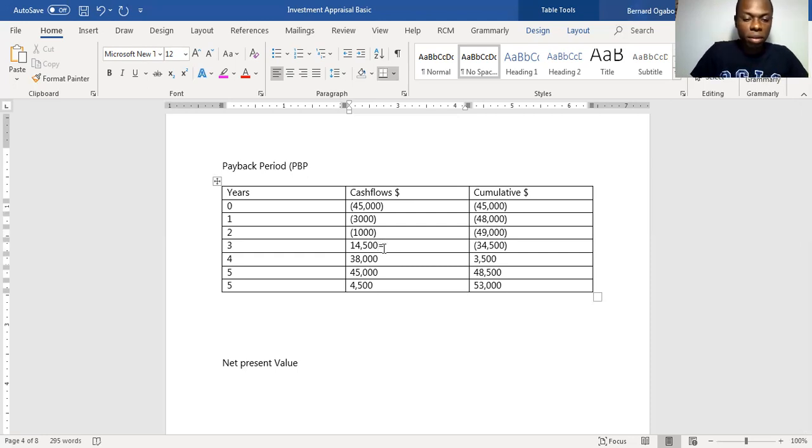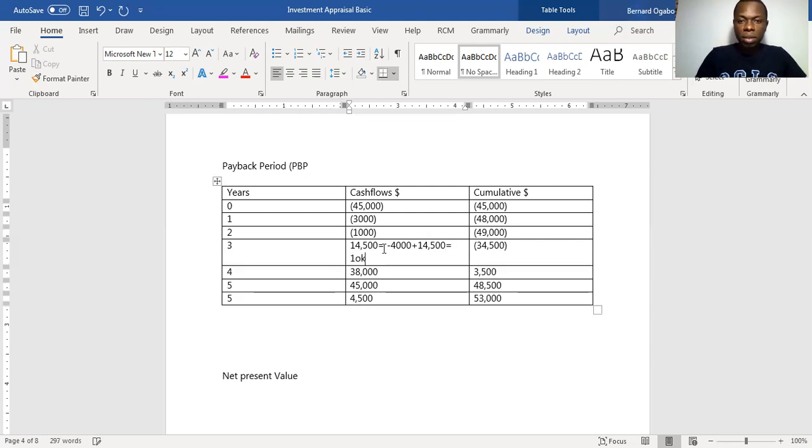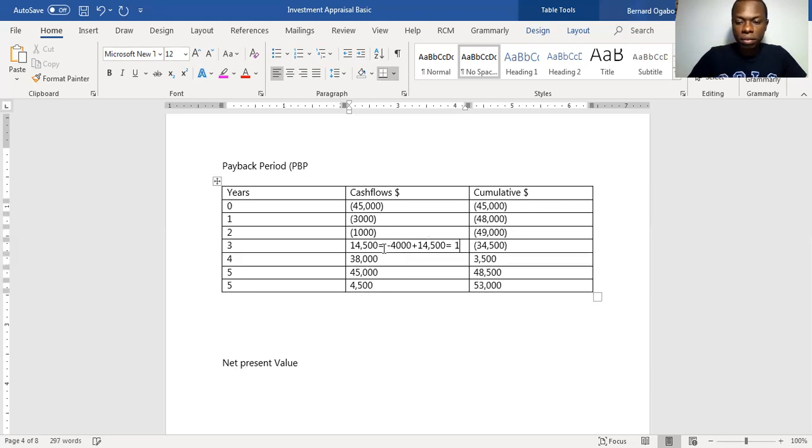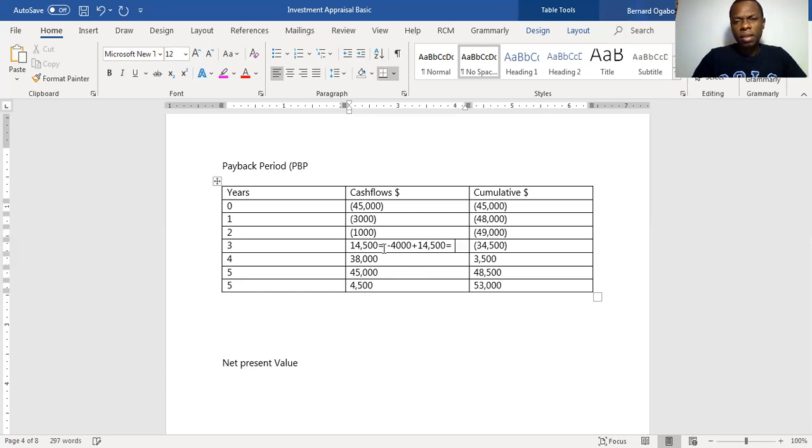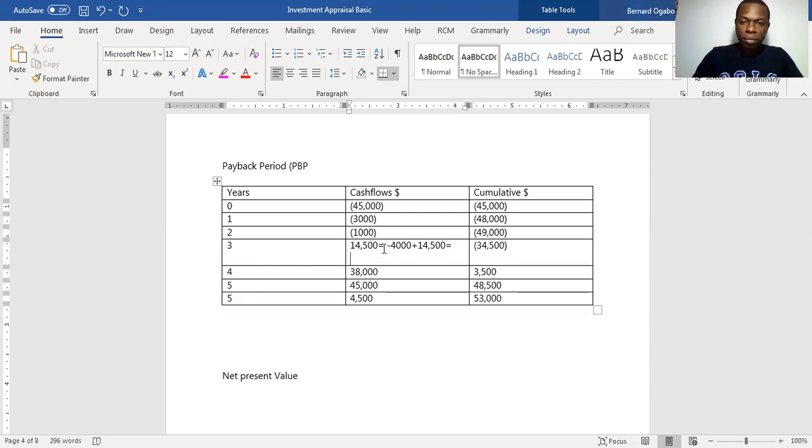That would be negative 4,000 plus 14,500 positive, and that gives me 10,500 positive.